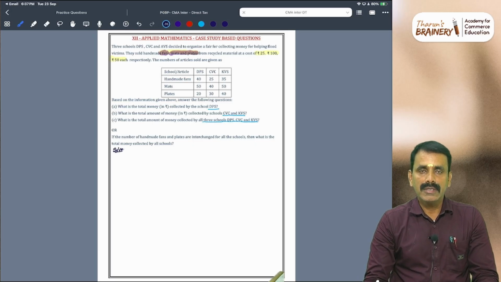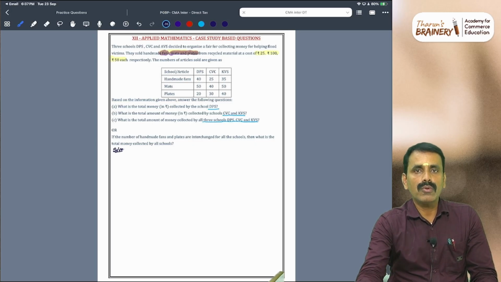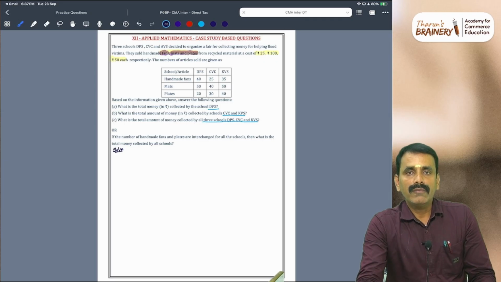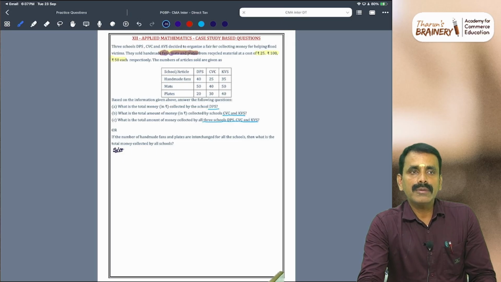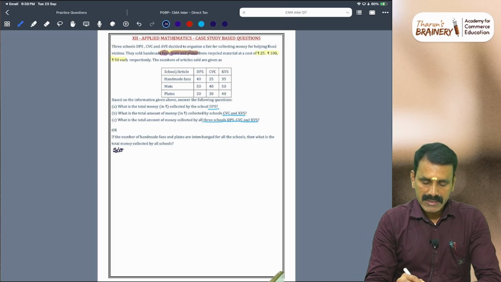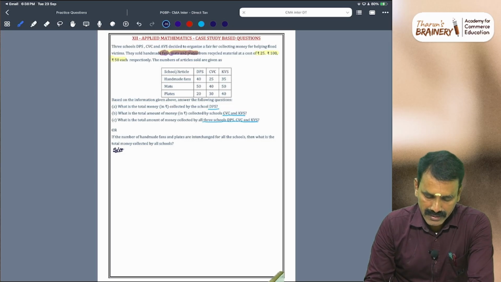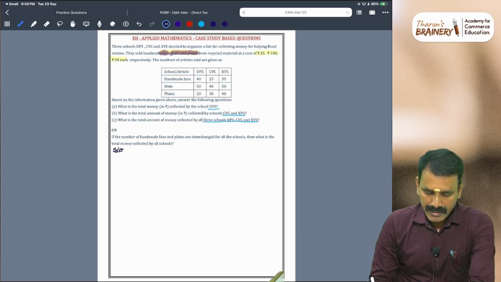Is it clear, students? So the number of units sold in each product for each school should be written in the row matrix, and the cost of each product should be written in the column matrix. So we try to rewrite this data in the matrices format according to our requirement.